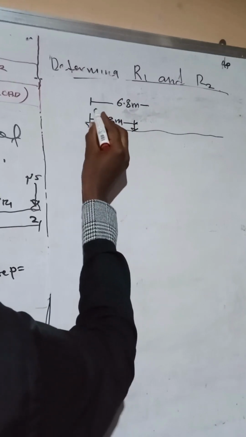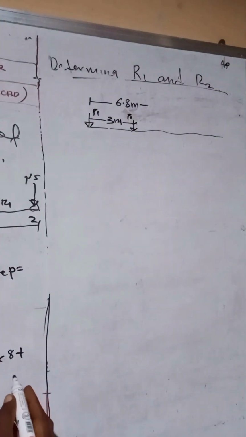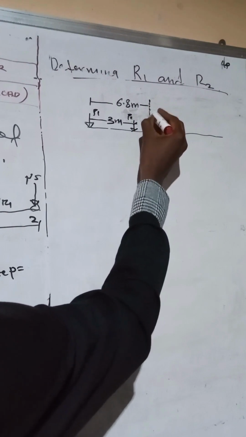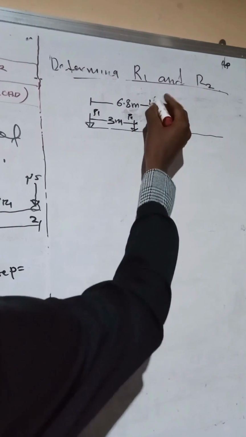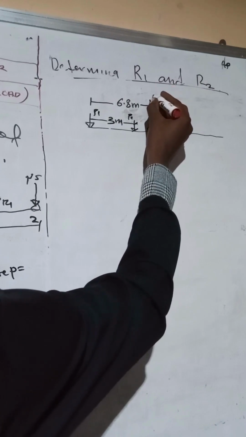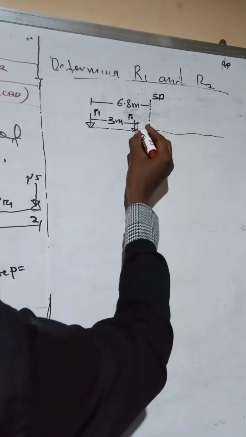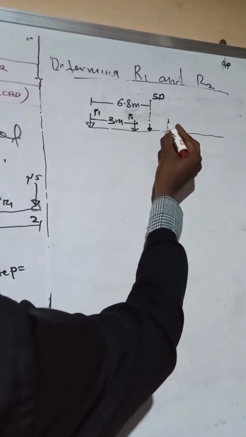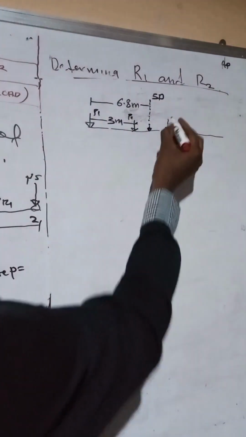This is P1, this is P2. Our center of gravity, which is the point where the resultant load is acting, is around here. So we have here to be 5p. Of course, we know that from here is 4 meters, which is our P3.